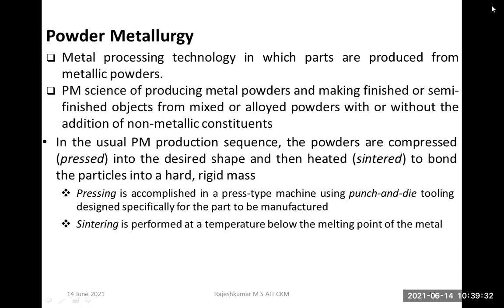The next is that in the case of powder metallurgy, there is a history of development. Initially in 3000 BC, sponge iron originated in India and Egypt, and in 1200 AD, platinum alloy, especially in South America. In 1781, platinum arsenic alloy in France and Germany.